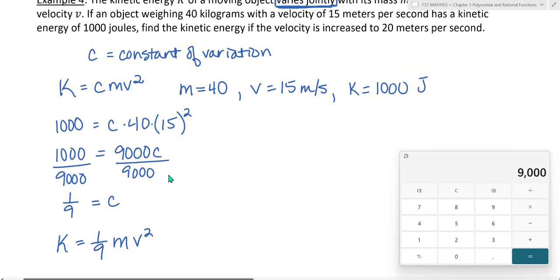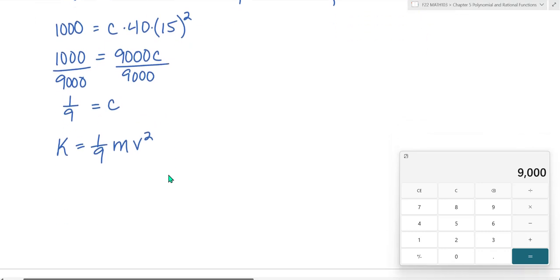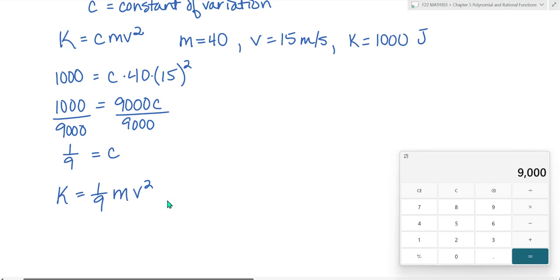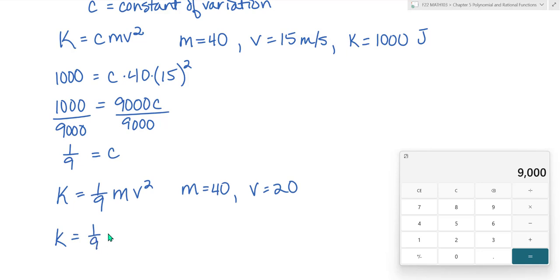And now we're increasing velocity to 20 instead of 15. We're still going to use the same mass m. It's just going faster. So let's put that stuff in, and then we're going to find our kinetic energy. K equals 1/9 times 40 times 20 squared.